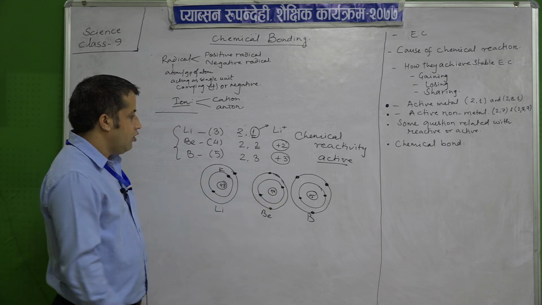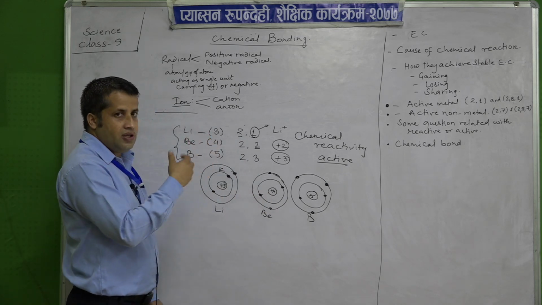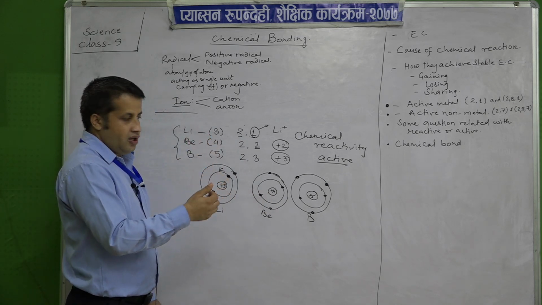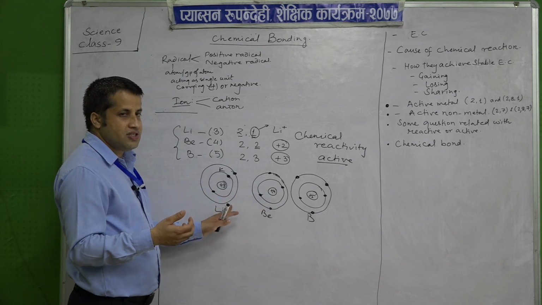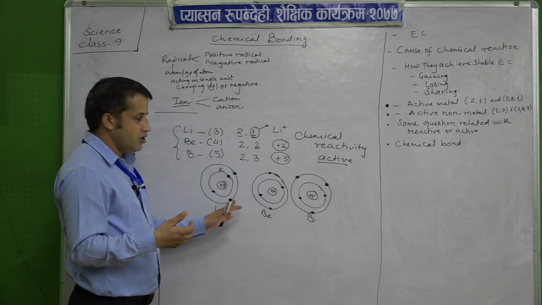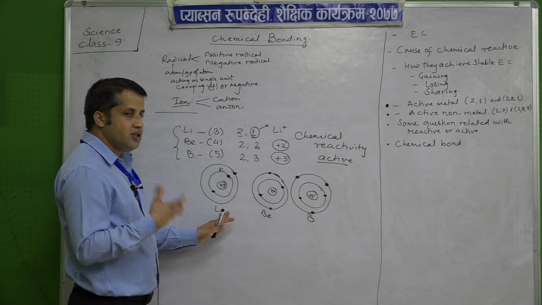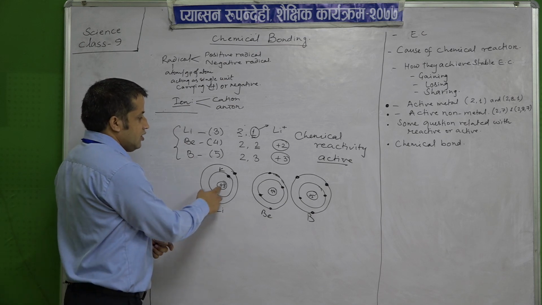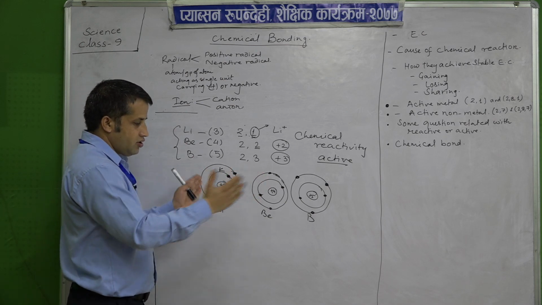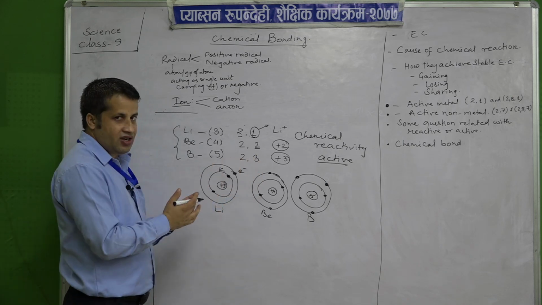So, boron as compared to lithium has difficulty to lose. Lithium can lose electrons easily as compared to boron. So, you can say lithium is more active because of the nuclear charge. Positive and negative charges attract each other.